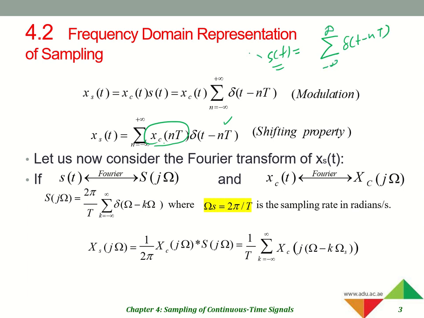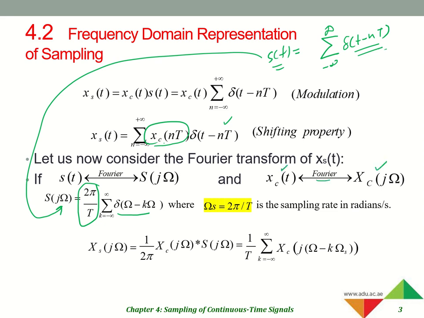If we take its continuous time Fourier transform, we get an impulse train in the frequency domain also, with a multiplier of 2 pi over T. This is the Fourier transform of the simple impulse train. And if we take the Fourier transform of the continuous time signal, we get Xc of omega.